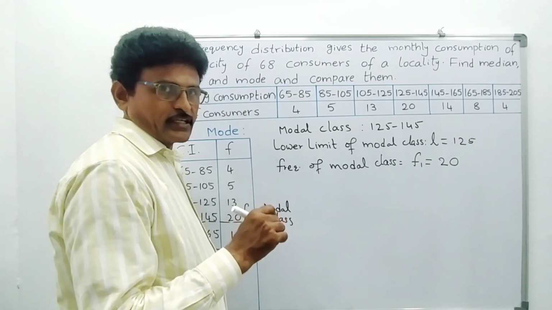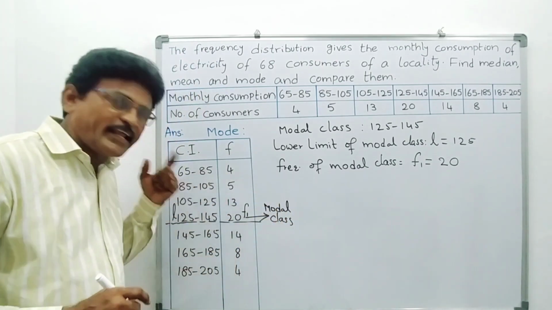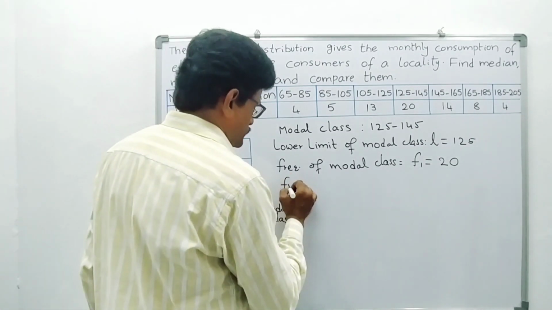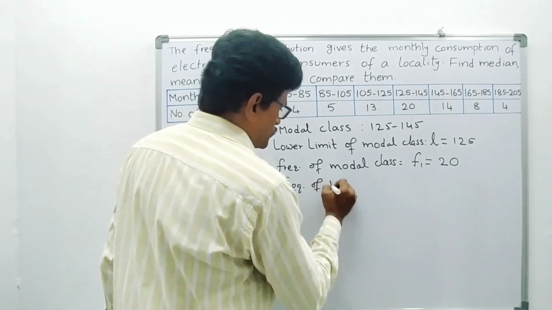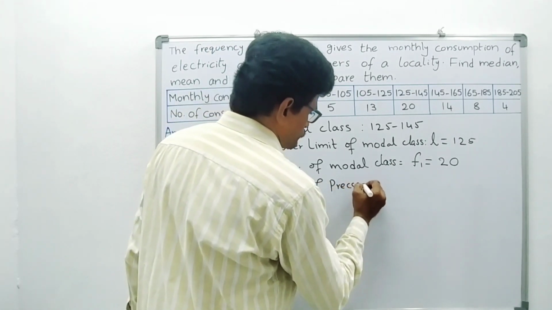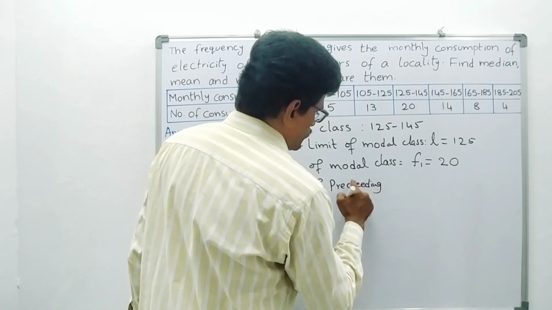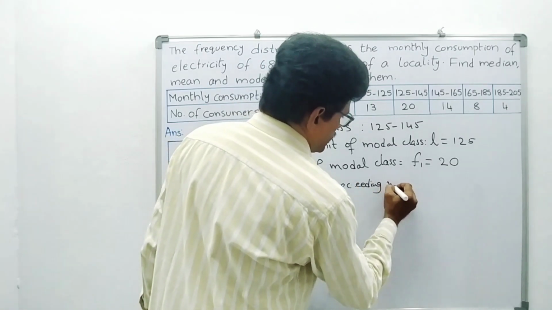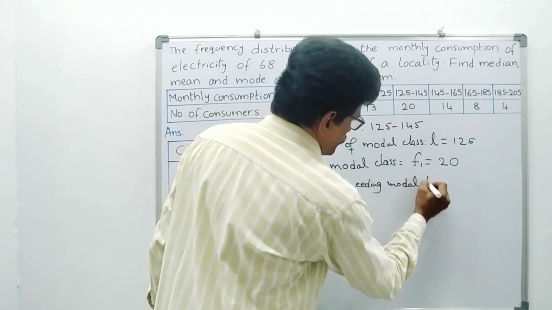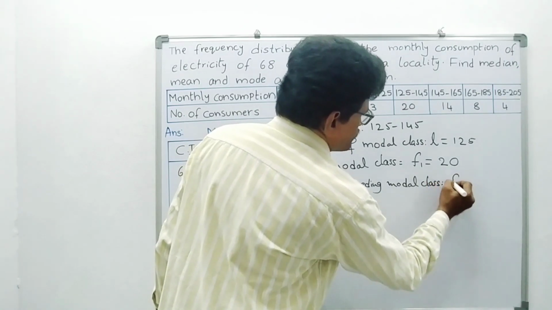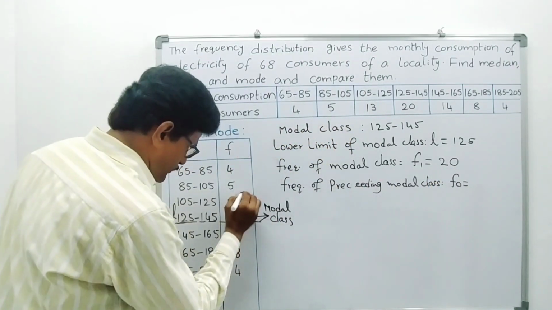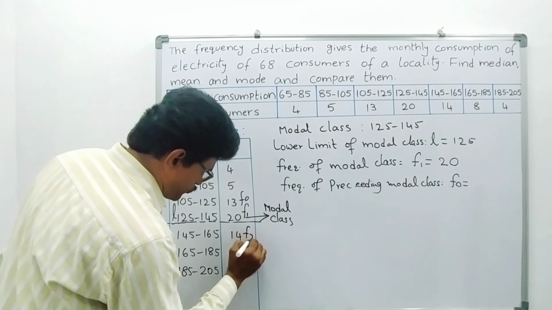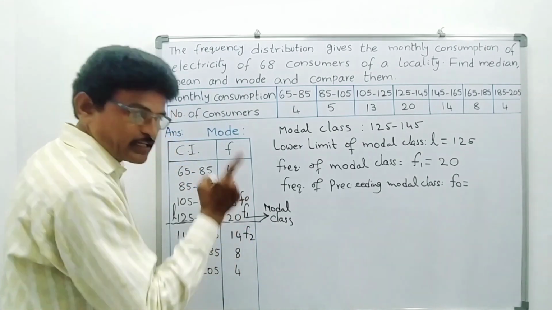Now frequency of the preceding class of the modal class. Here the symbol is F0. Here top F0, downside F2, the series F0, F1, F2 like that.